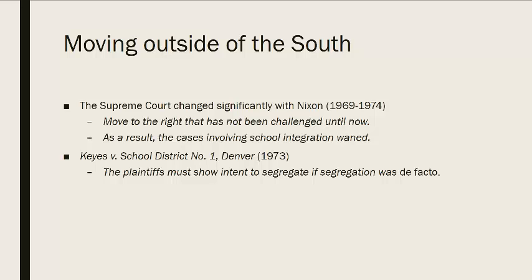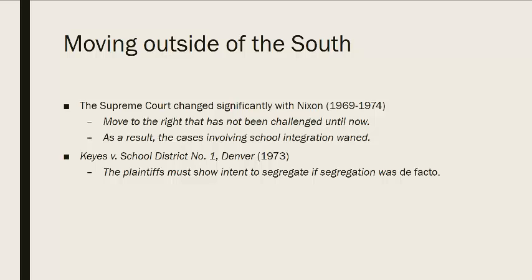Keep in mind, de jure segregation was really specifically tied to the 17 states of the South. So in this case, the Supreme Court said the plaintiffs must show intent to segregate if segregation were in fact de facto segregation.